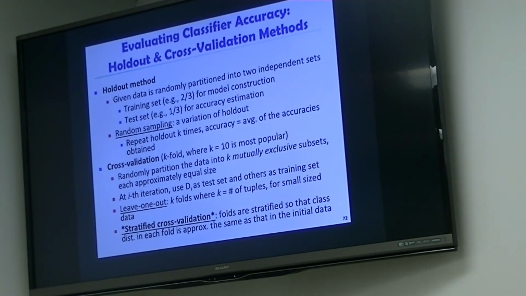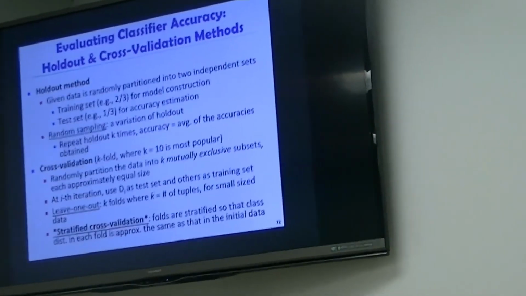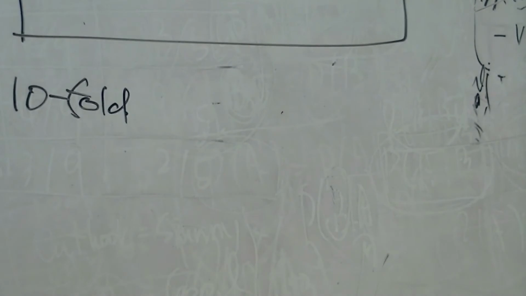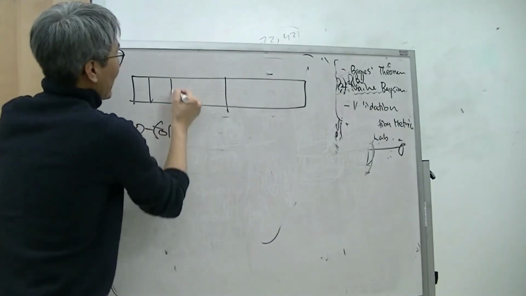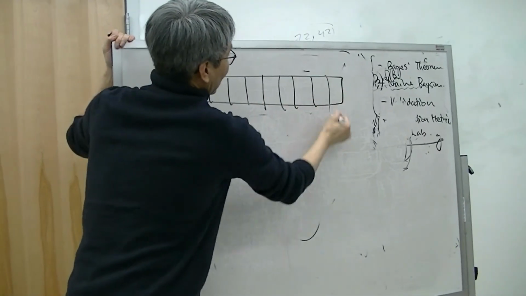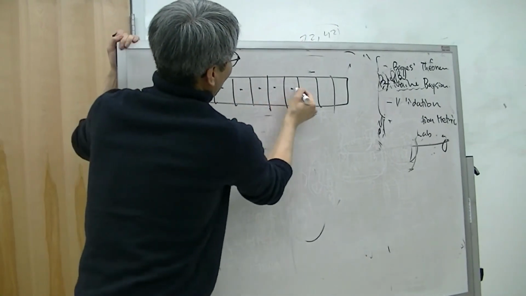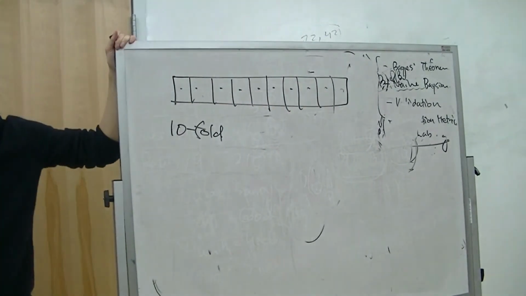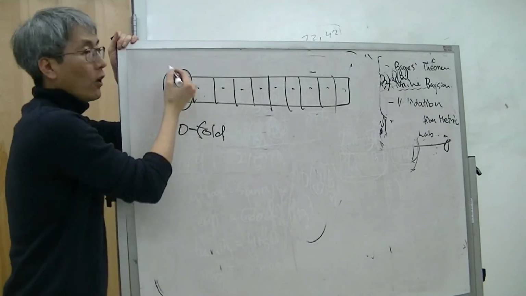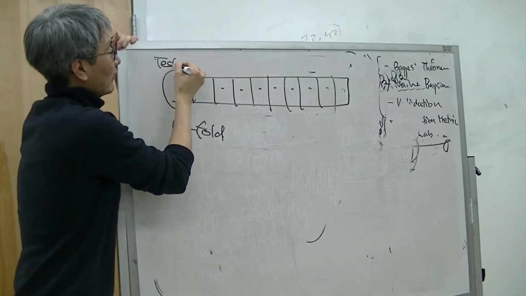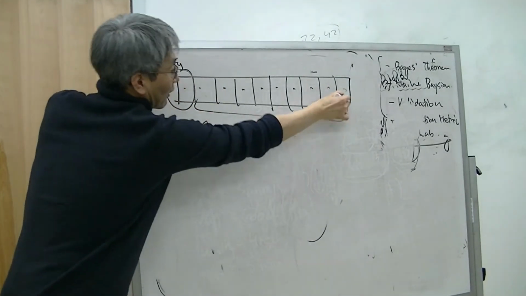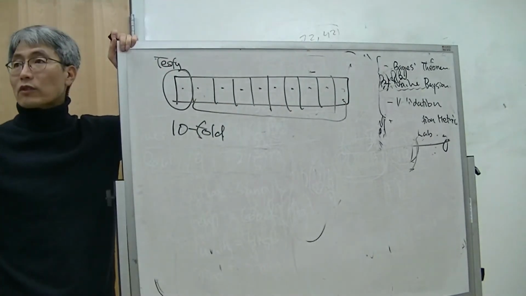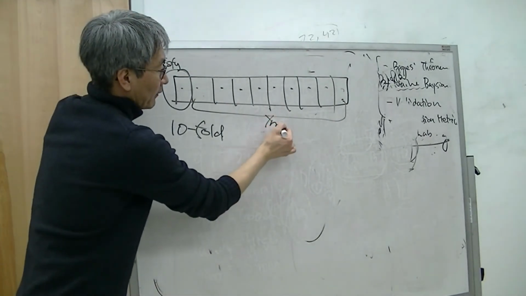when you have a data set like this much. Most popular one is tenfold. Tenfold means you are going to divide your data set into 10. 1, 2, 3, 4, 5, 6, 7, 8, 9, 10. First, this one is used for testing. The other 9 folds are used for training.